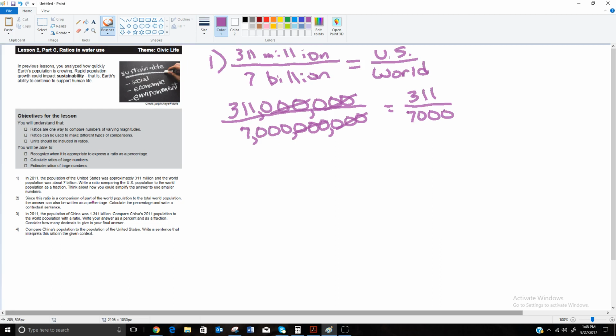Since the ratio is a comparison of part of the world population to the total world population, it can be written as a percentage.